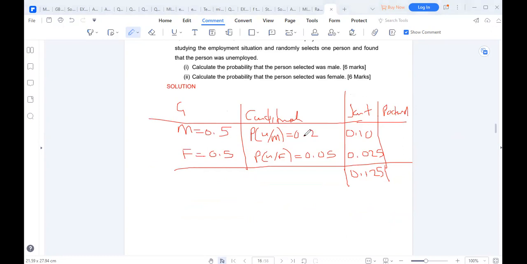When you apply this and that, this will be the intersection, M intersection unemployed.